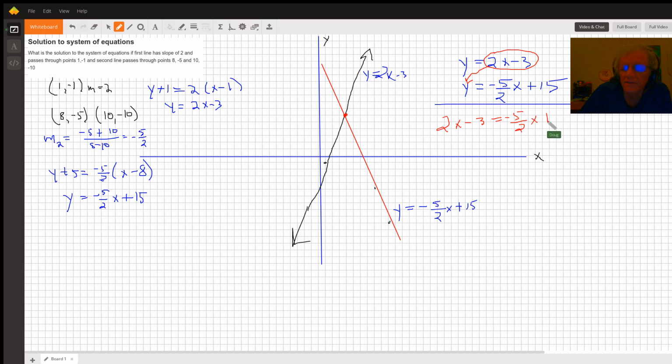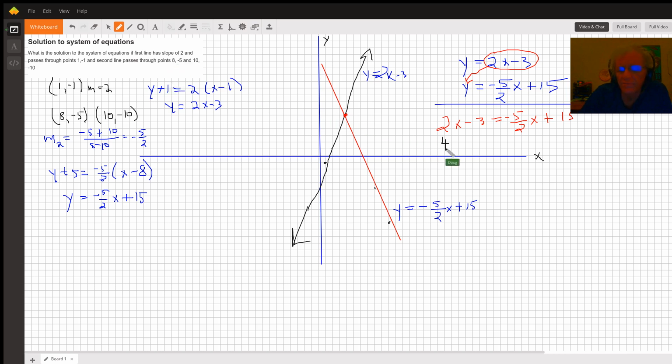plus 15. Usually when I'm trying to solve an equation that contains a fraction, I'll clear the equation of fractions. In this case, I'd multiply both sides of the equation by 2 because of this denominator, which means I have to multiply every term on both sides by 2.